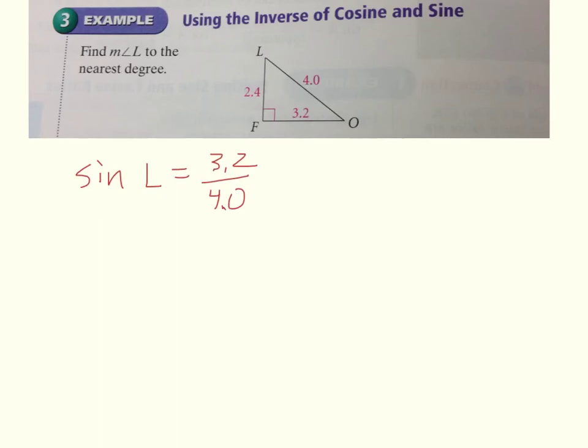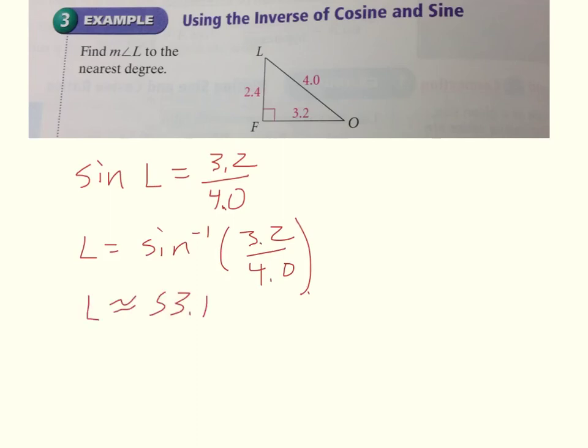So L is going to equal the inverse sine of 3.2 over 4.0. Please punch that in, see what you get. Hopefully you got L to be approximately 53.1 degrees.